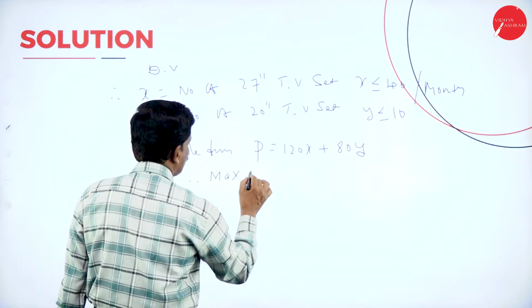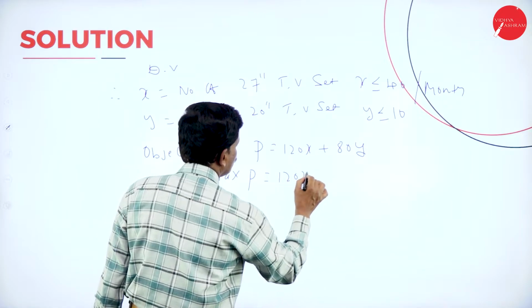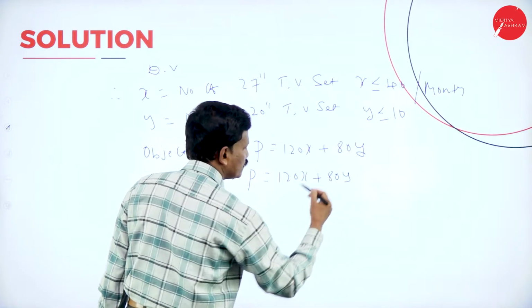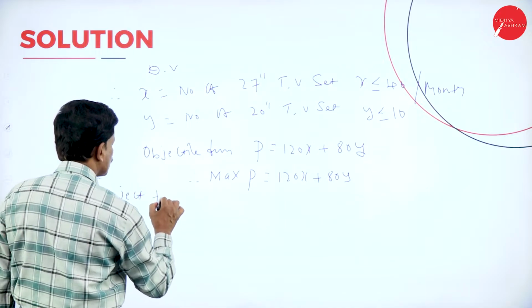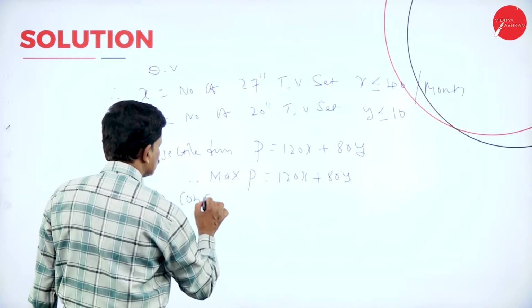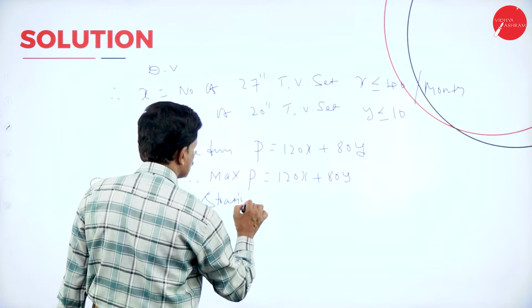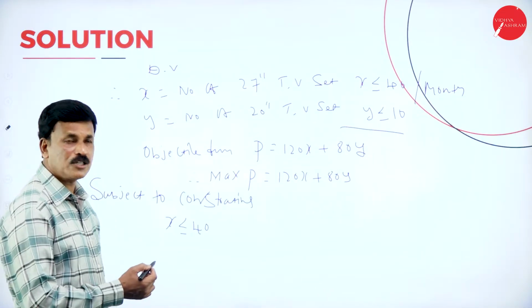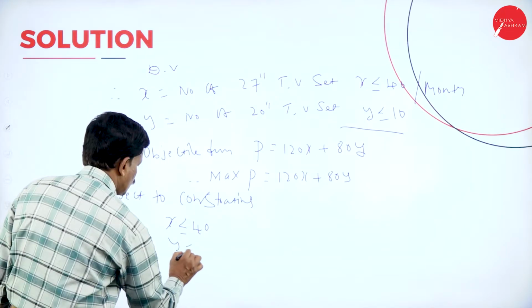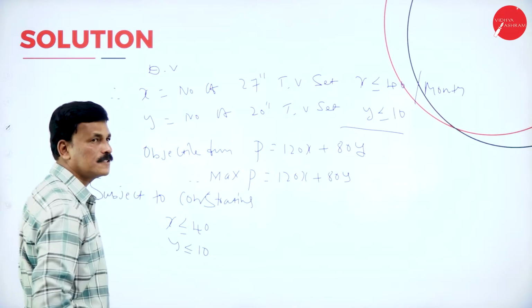Therefore, maximum of P is equal to 120x plus 80y, subject to the constraints X is less than or equal to 40 and Y is less than or equal to 10.